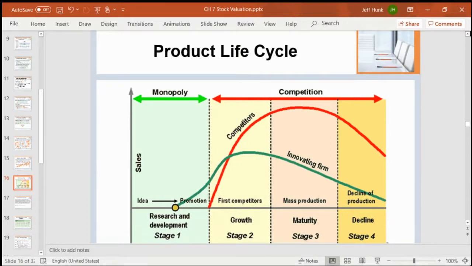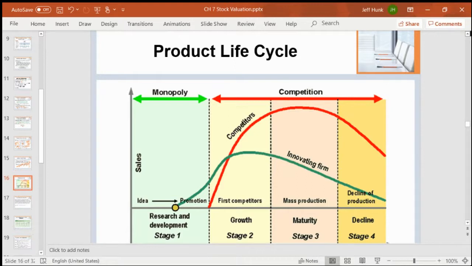Now, the extension of this model, I mean, it's product life cycle. The product life cycle means literally products have a life cycle, like birth, growth, maturity, and demise, right?